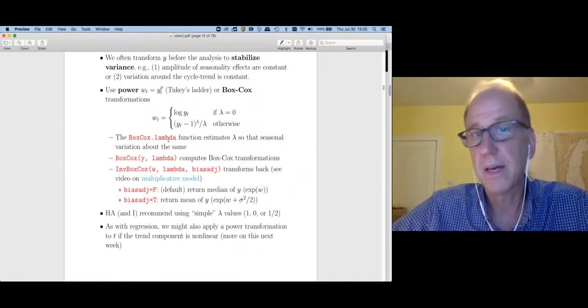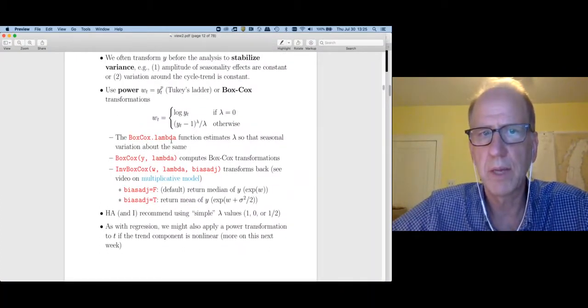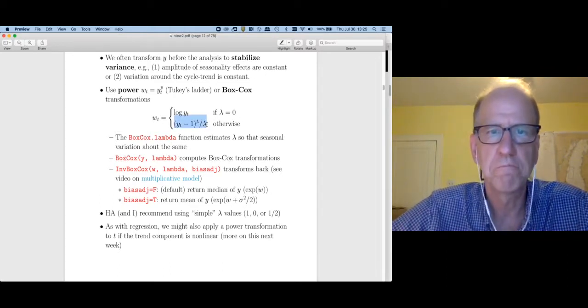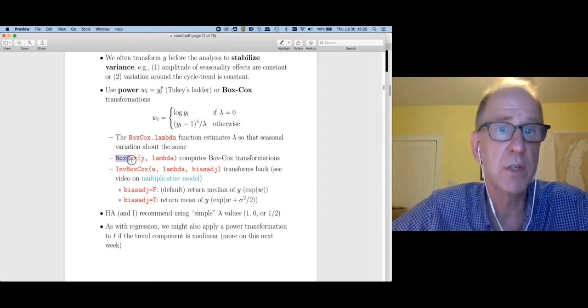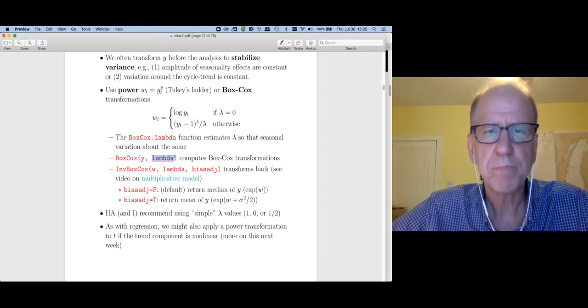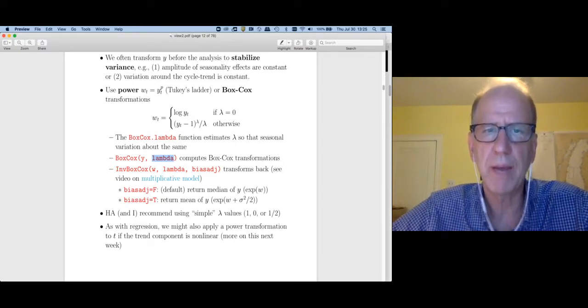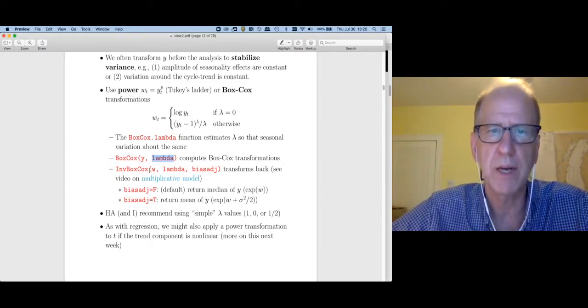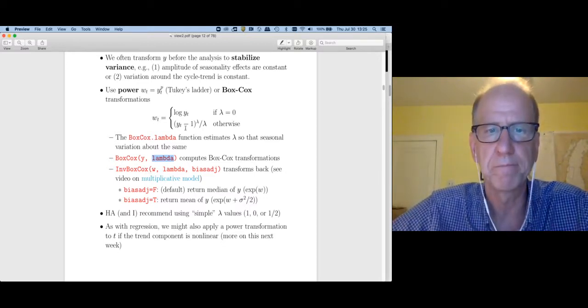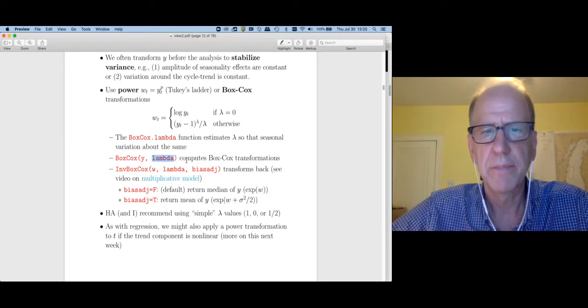BoxCox.lambda determines the optimal lambda. You could either type in the function or just use the BoxCox function with the lambda argument to do the transformation for you. At the end of the day, you're going to want to transform it back with the inverse Box-Cox, which undoes the transformation for you automatically. More on this in a second.